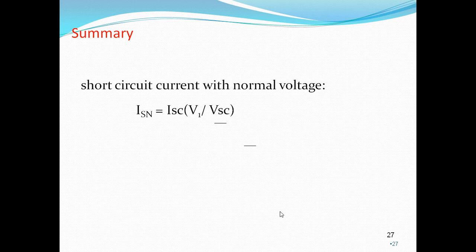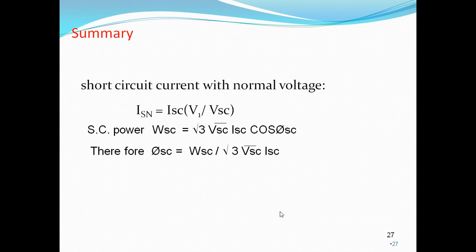So here, what are the formulas we have used? Short circuit current with normal voltage: ISN is equal to ISC into V1 by VSC. Next, short circuit power is equal to root 3 VSC ISC cos phi SC.